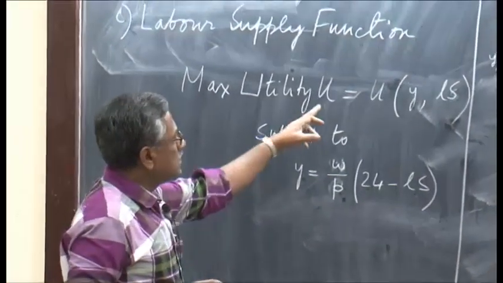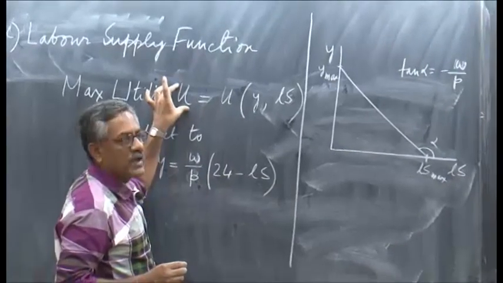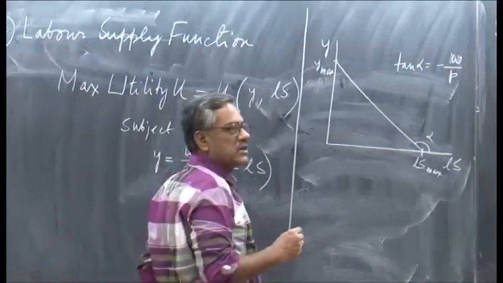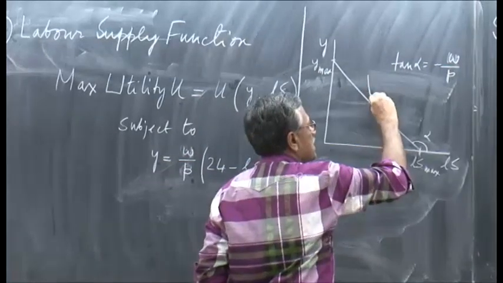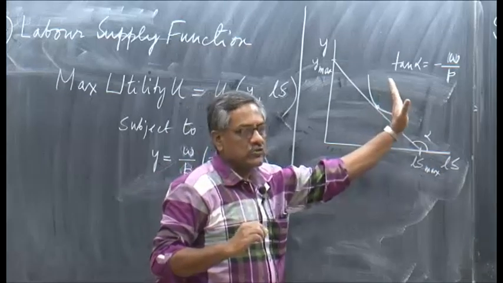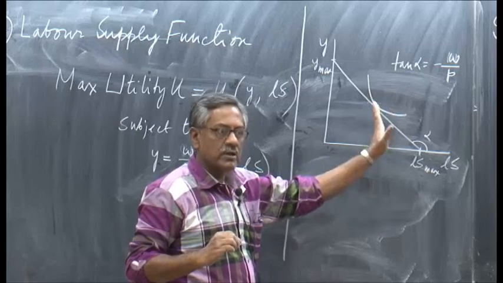Now, this utility function has some convexity property. So for a particular level of U value against Y and L, the curves are convex in shape. So maximizing utility essentially means reaching the point of tangency, because beyond that I cannot reach. Below that is under-satisfaction. So the optimum point is at the equilibrium point.